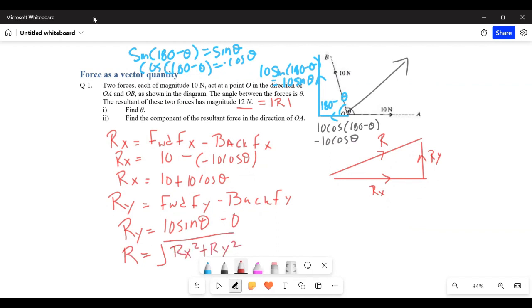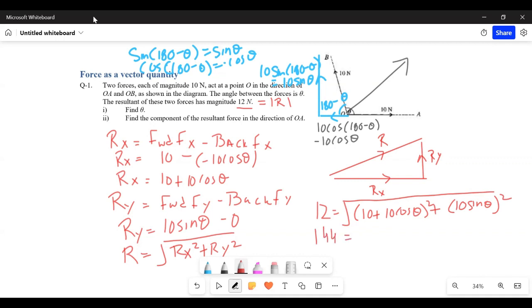Now we're going to use the formula R equals the square root of Rx squared plus Ry squared. We already know the magnitude of R, that's 12, equals the square root of (10 plus 10 cos theta) squared plus (10 sine theta) squared. It's going to be 144.